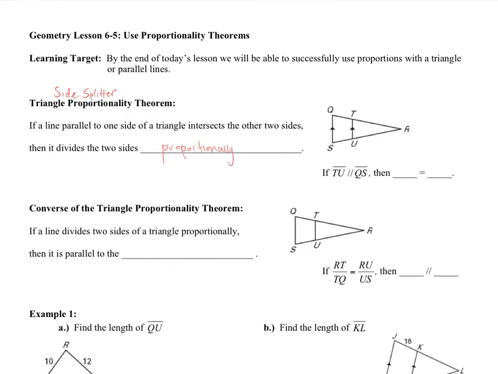So what this means is if TU is parallel to QS, so if a line is parallel to one side of a triangle and intersects the other two sides, so T and U are the intersections of the other two sides, QR and SR, then it divides the sides proportionally, where the ratio of RT to TQ is equal to the ratio of RU to US.